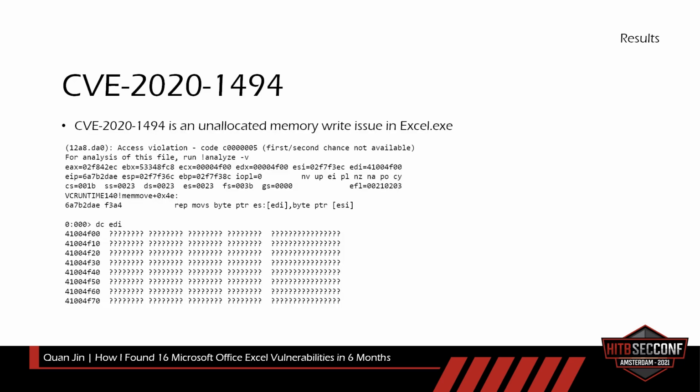CVE-2020-1494 is an unallocated memory write issue in the Excel process. We can say it crashed at a memory move function. This vulnerability affects Office 2010 to Office 2019.